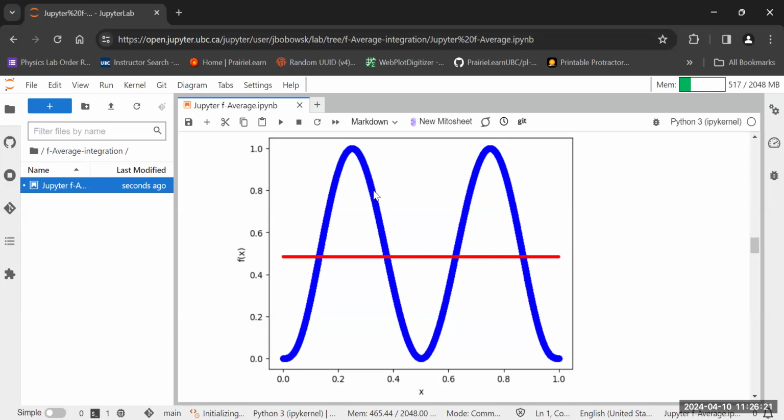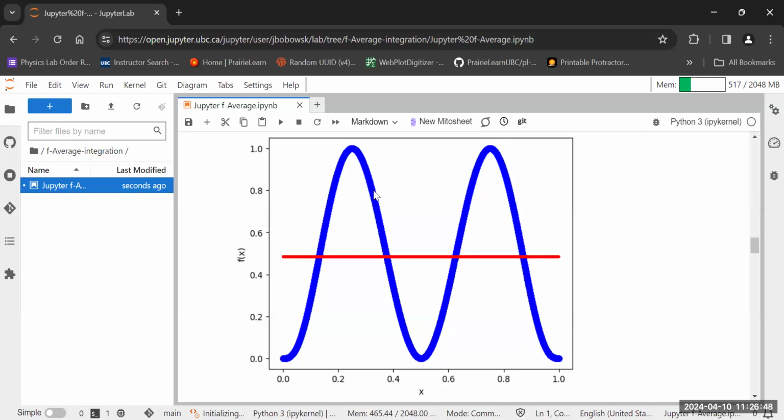And so what that means is that the area under this curve is exactly equal to the area under the red line. And you could see that that must be the case because the curve does not include this area, which the red line does, but this fits exactly in here.